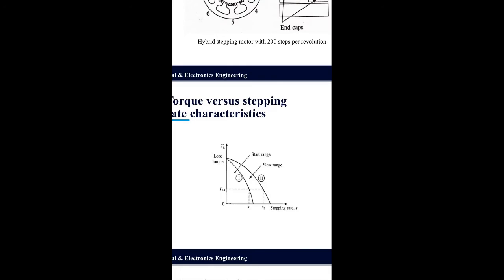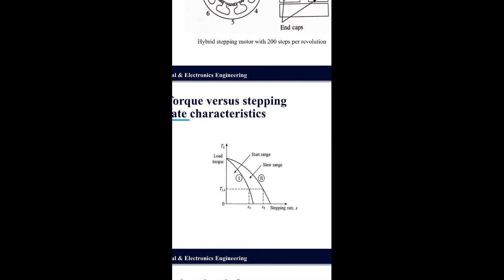If the stepping rate is increased beyond S2, then the motor will lose its synchronism and it will start missing the step. Thus, the area between curve 1 and curve 2 represents, for various values of torque, the range of stepping rate which the motor can follow without losing a step.